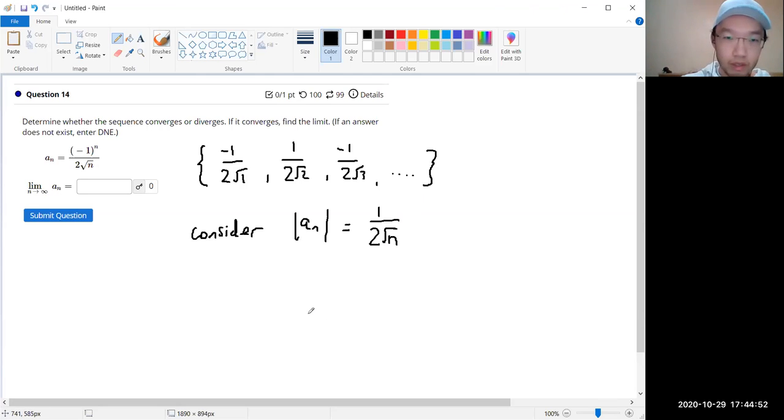Okay, what do you think we can do? Take the limit. Yeah. So if you were to take the limit as n approaches infinity of 1 over 2 square root of n, what does that give you?